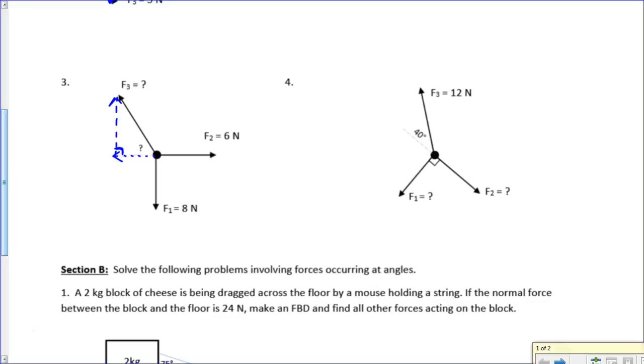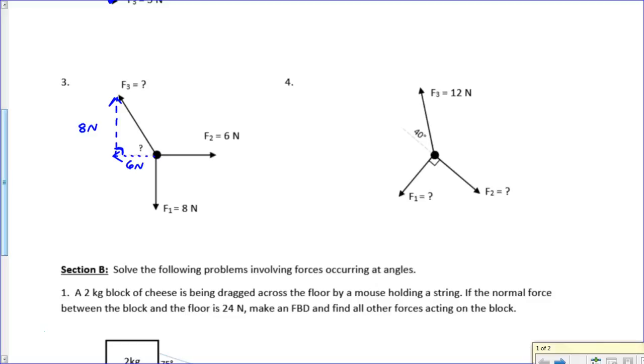The horizontal component of this has to cancel out directly with F2, so it's 6 newtons on the horizontal component, and the vertical component going up and down has to cancel out directly with F1, so we know that this is 8 newtons because they're the only things going up and down. And so that gives us the sides of that.